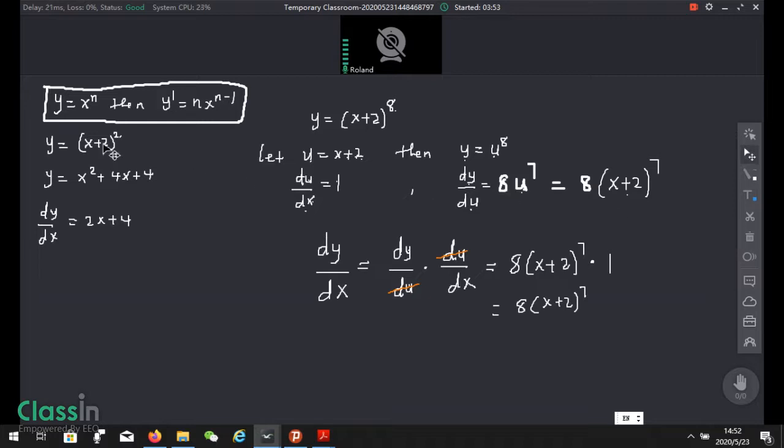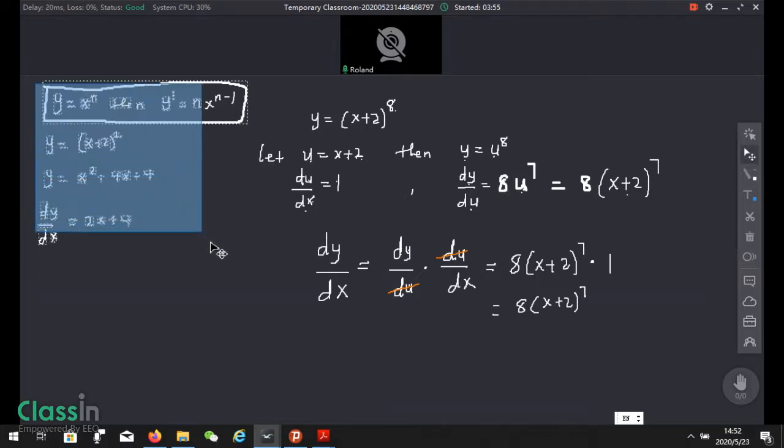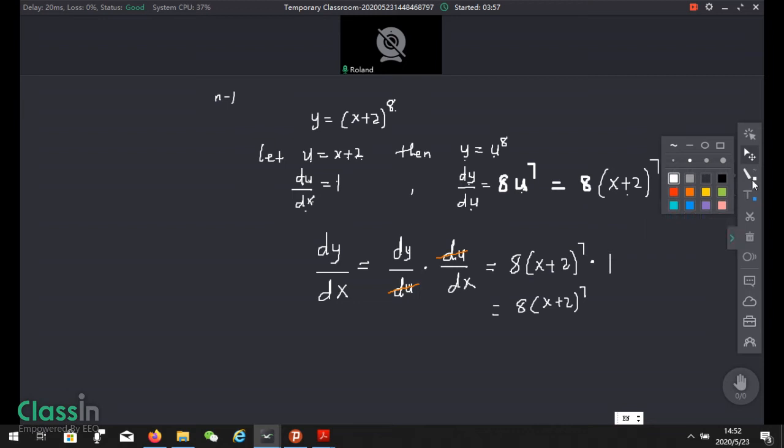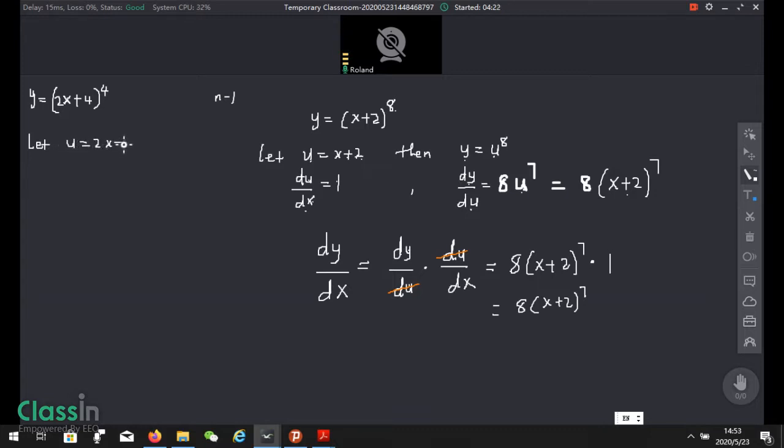Let's look at another example. If we have, let's say, y equals (2x plus 4) to the power 4, we can say let u be equal to 2x plus 4.